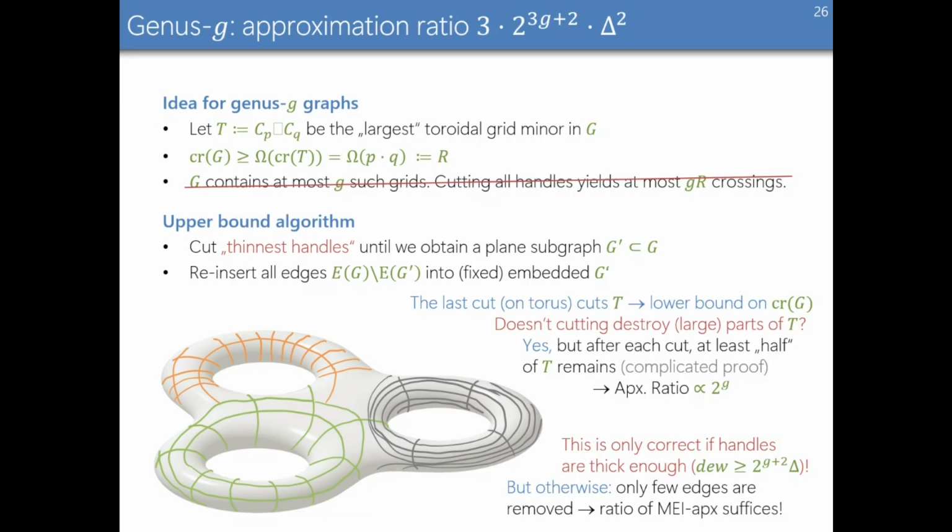But that's just a multiple edge insertion problem again. So in that case, you can just go back to use the multiple edge insertion algorithm, because you know that this high genus graph has only few edges too much to be embeddable on a much smaller surface. And therefore, you get a similar approximation ratio even if you don't have the dual edge width that actually would contribute for the proof.